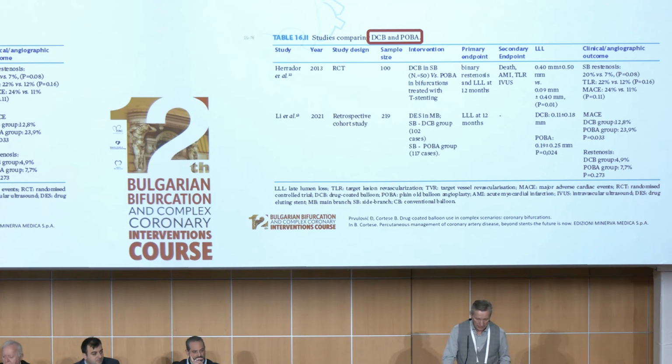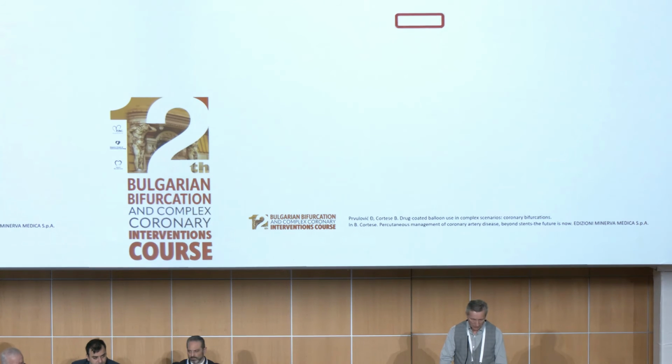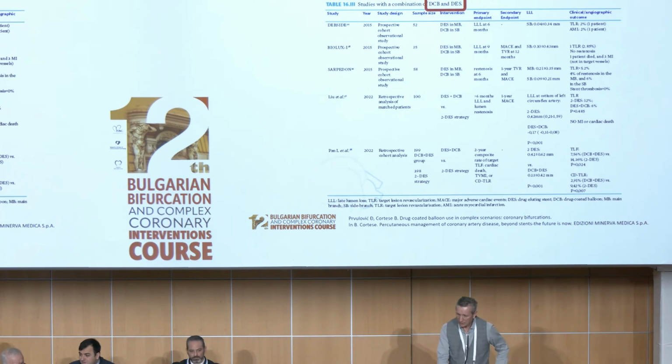you can see that clinical and angiographic outcomes are 2 to 3 times better with DCB compared to POBA. There are 3 observational studies, 1 prospective and 2 retrospective, comparing DCB and DES.